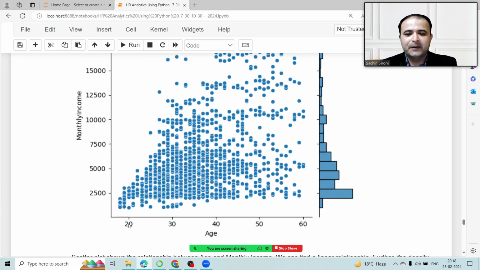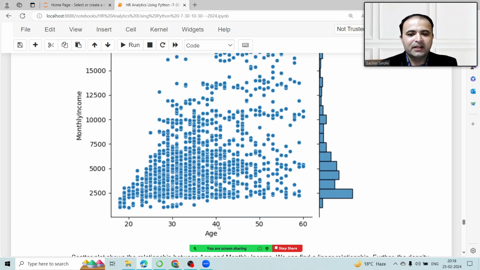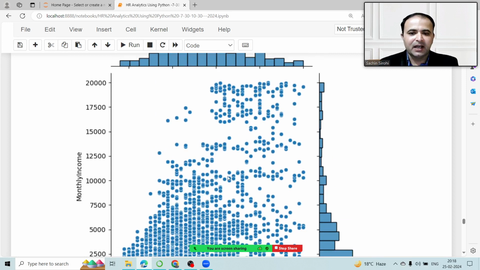So this is what the data says. When the age is 20 to 30, the salary is something like that. When most of the people's age is 30 to 40, the salary is not high. When the age is 40 to 50, the salary is not high. Then 50 to 60, again, this is what the data is saying.